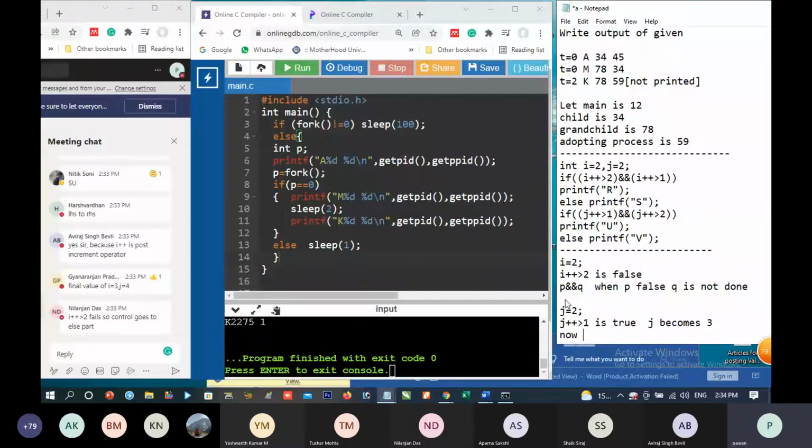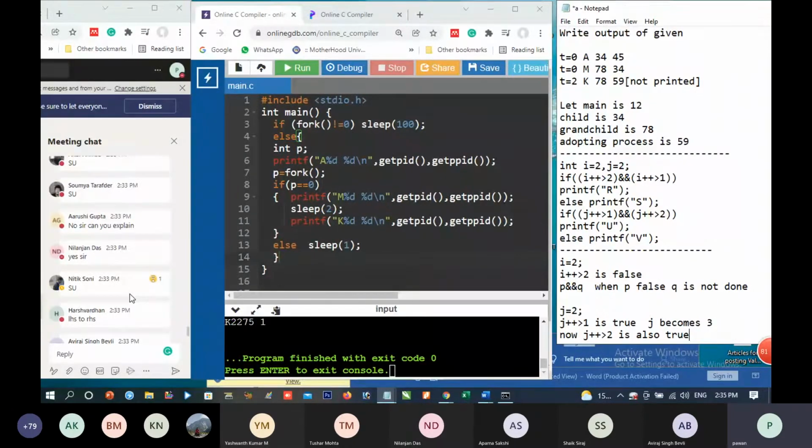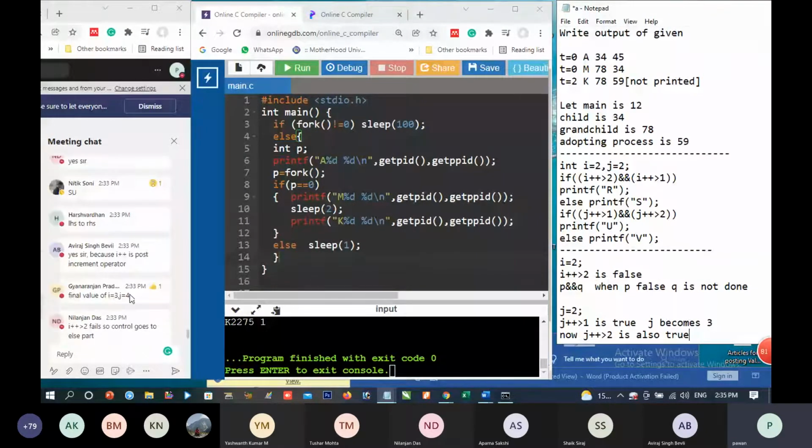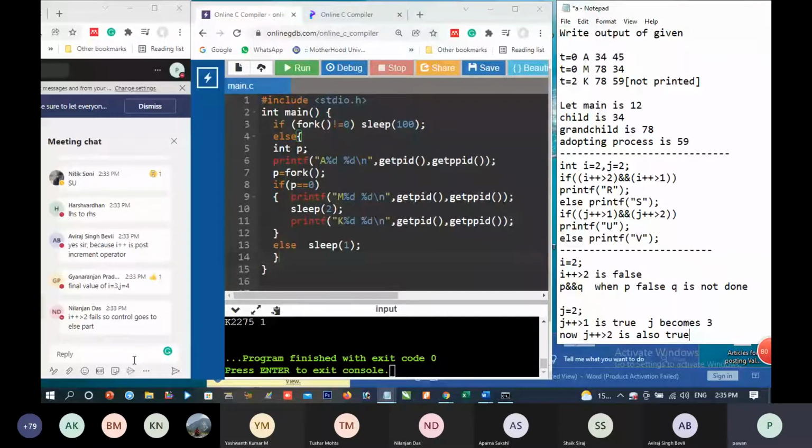Now, J plus plus greater than 2 is also true. Agree? Gupta, do you agree now? Do you agree?